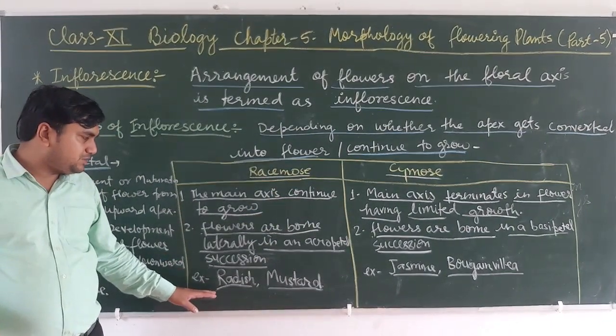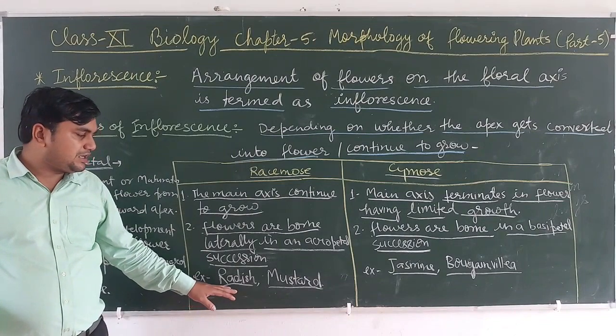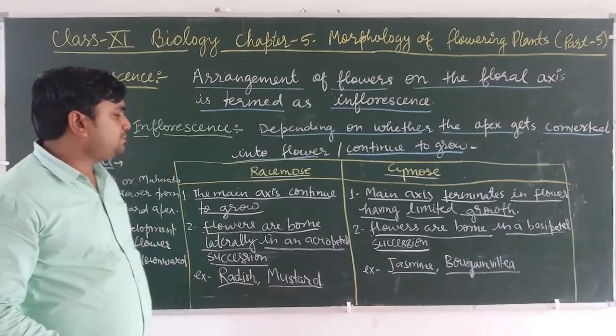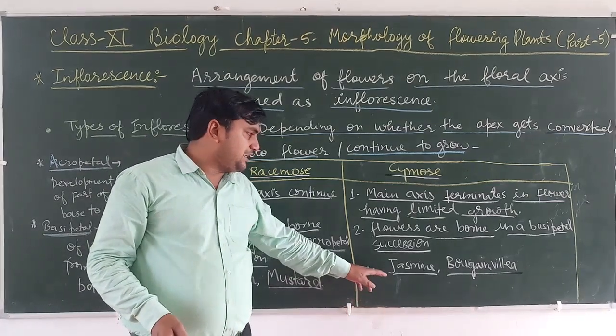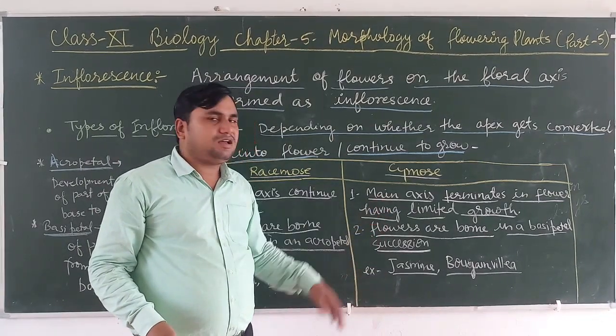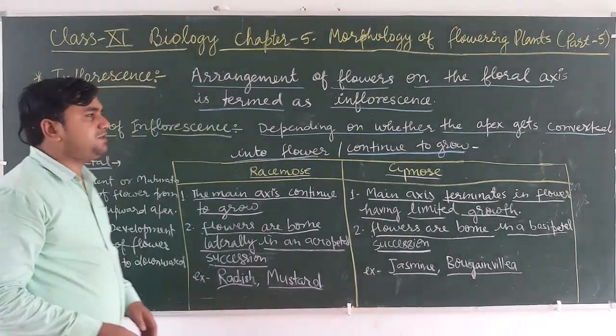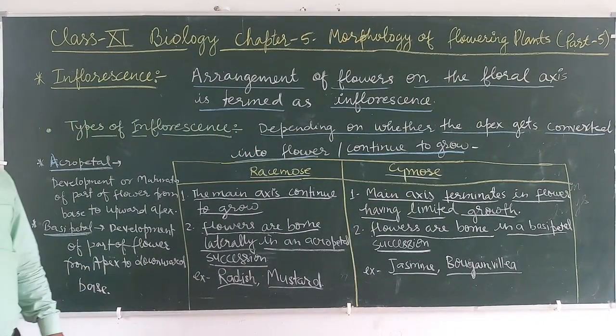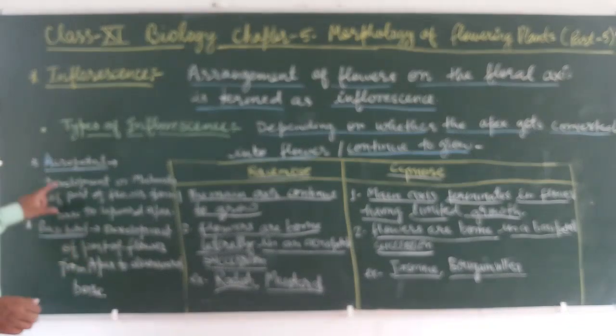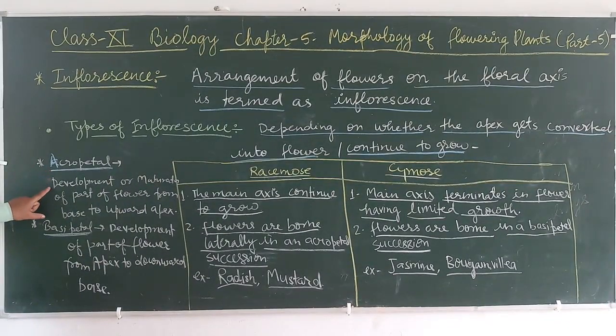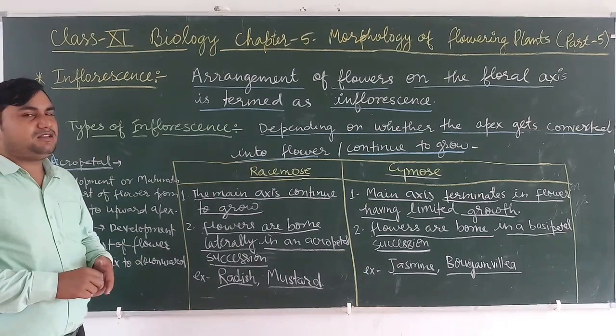Examples of racemose inflorescence: radish and mustard have the racemose inflorescence, and jasmine and bougainvillea etc. have the cymose inflorescence, meaning arrangement of flowers on the floral axis. Acropetal is clear: development or maturation of part of flower from base to upward apex, and basipetal means development of part of flower from apex to the downward base. These are the two terms, acropetal and basipetal succession, in the inflorescence.